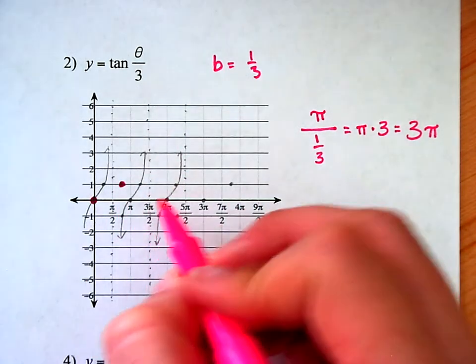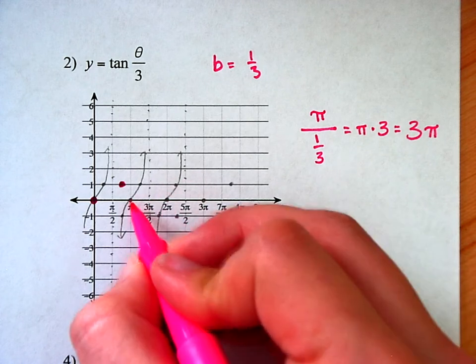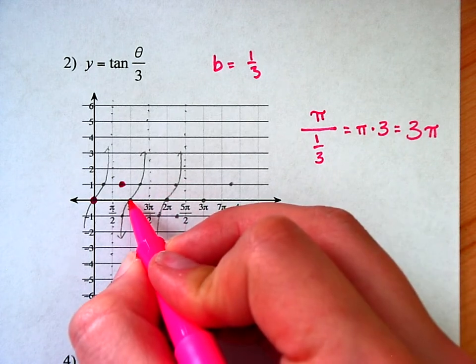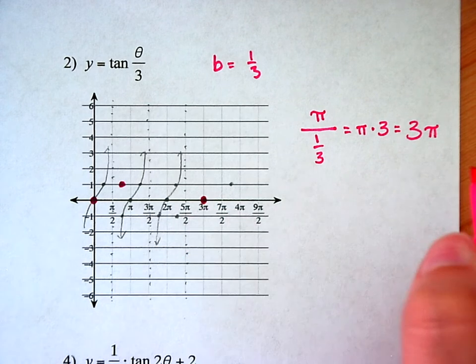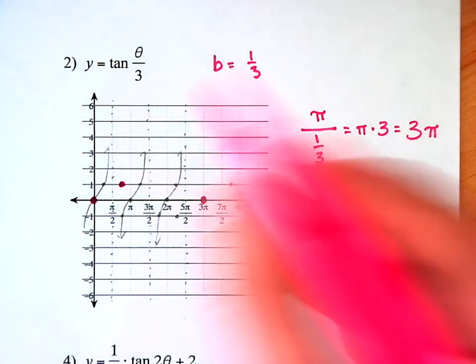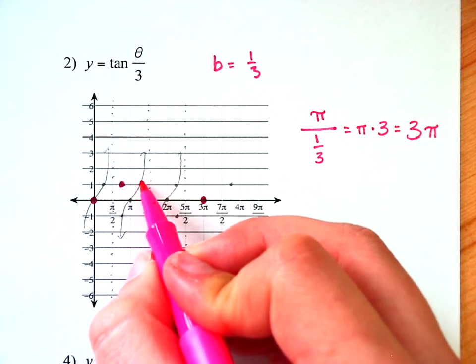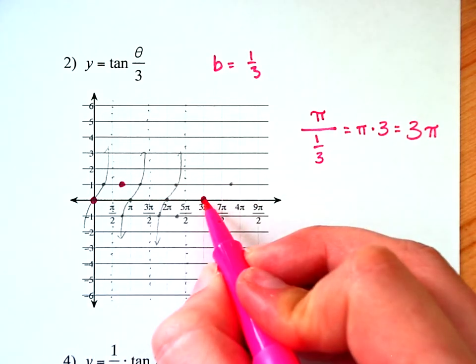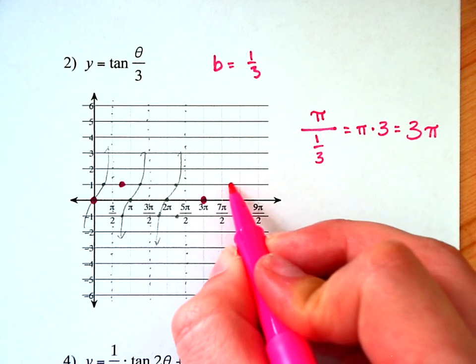Same thing with our next value, so like pi. If I multiply pi by 3, that point is now at 3 pi. We also had a point here. We went over and up. Now from this point, we're going to go over 3 pi over 4 and up 1.